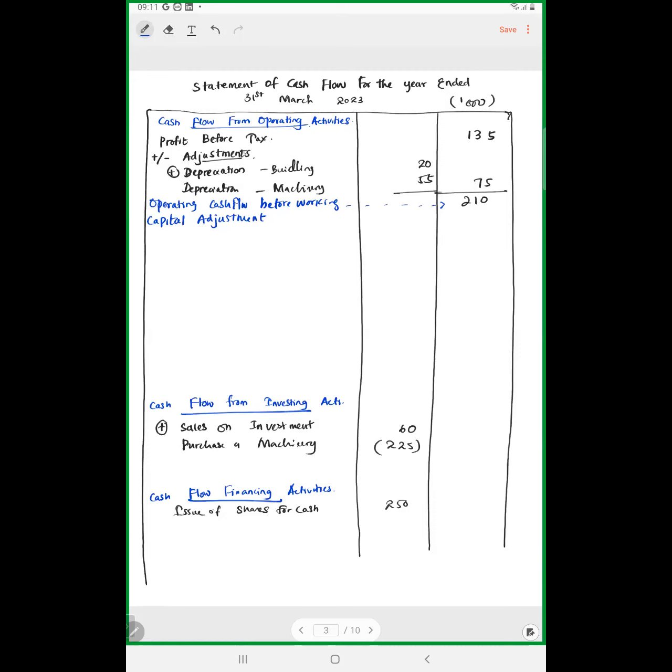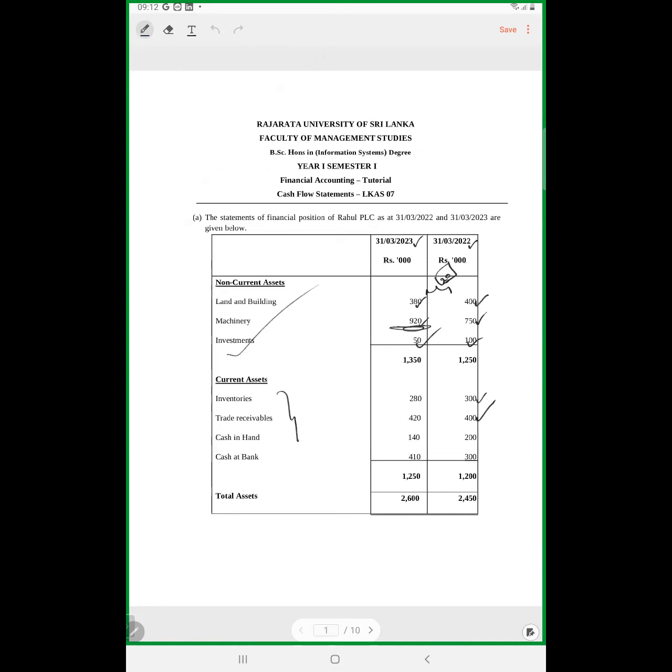Right? Then you know that we need to add or deduct the working capital changes. And exactly, if current assets have gone up, what should we do?